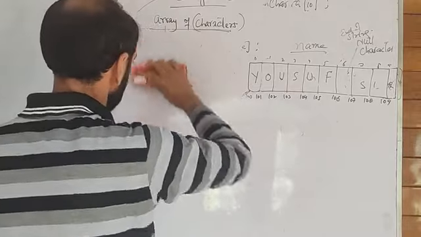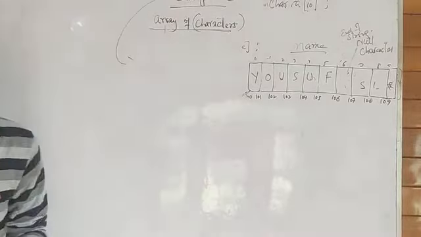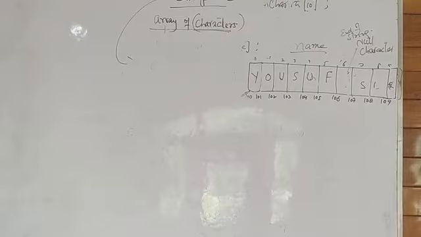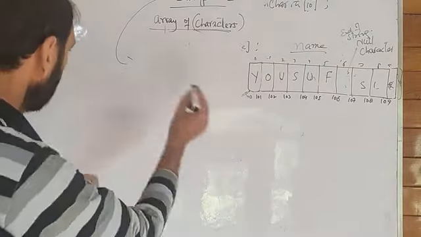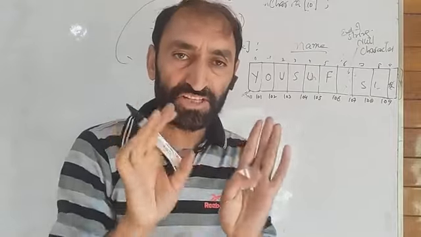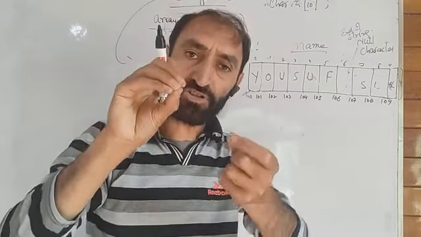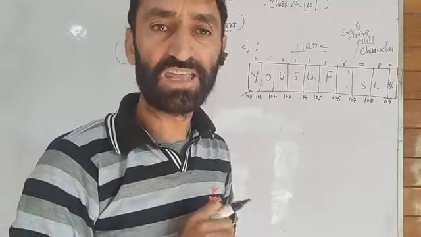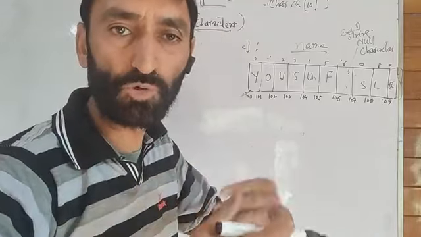For example, in C, string is not a data type. C does not consider string as a data type. It is a group of characters enclosed in double quotes.